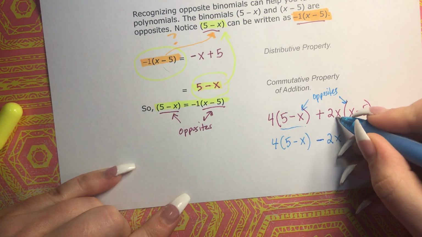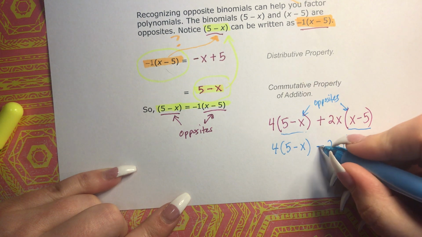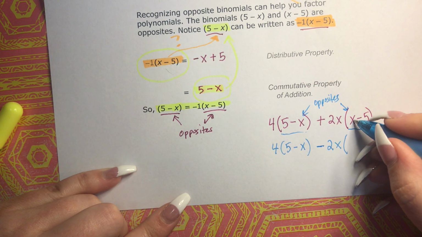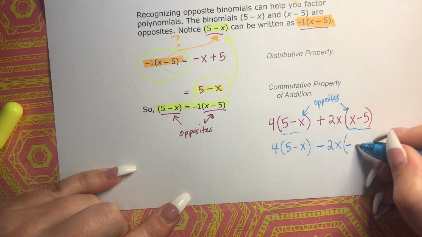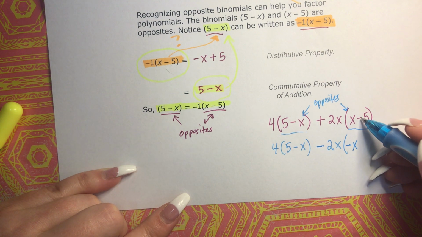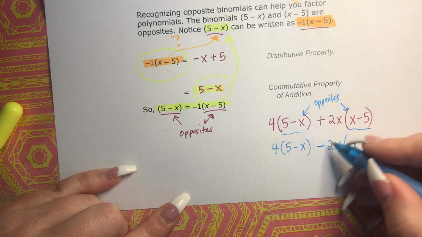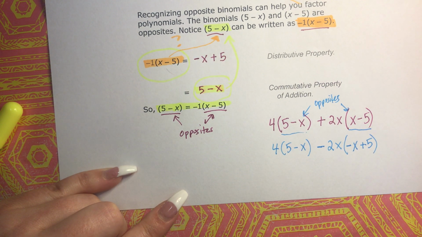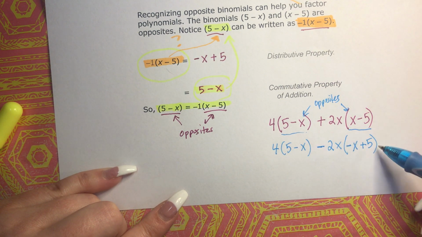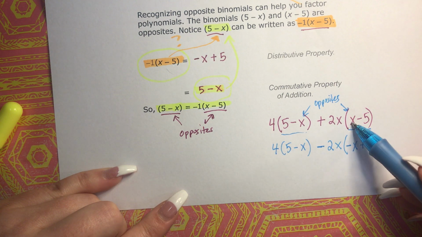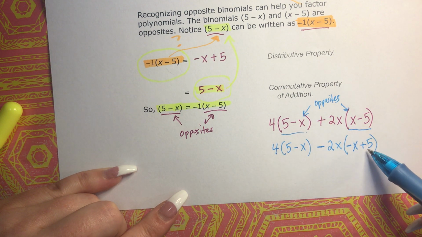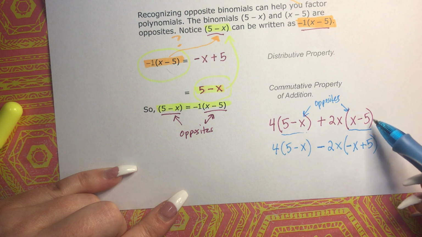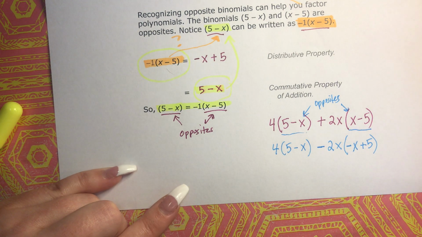This stays the same, but what happens when I factor out a negative from this? This was positive, but now it turns into being negative. And this was negative, but now when I factor out a negative, it becomes positive. All right? And you see if I distribute that negative back, a negative times a negative is a positive, and a negative times a positive is a negative. So I'm going to get this back again.